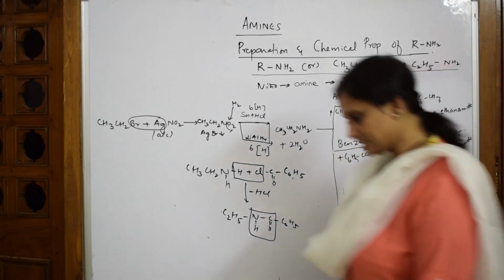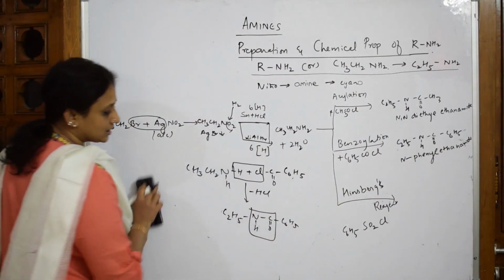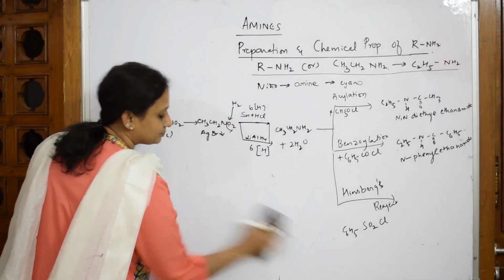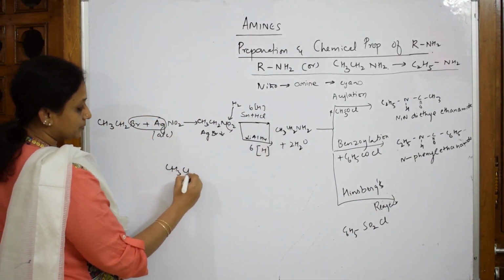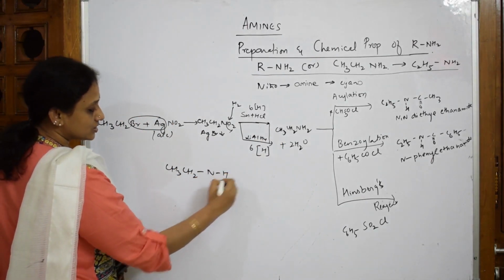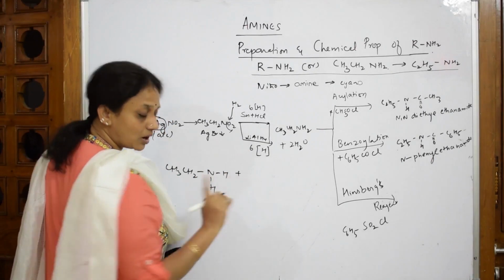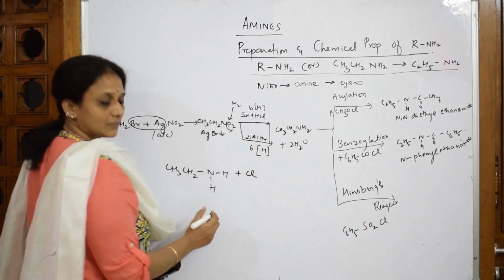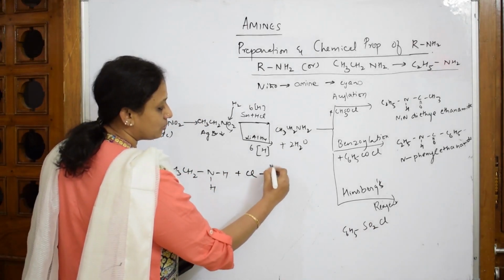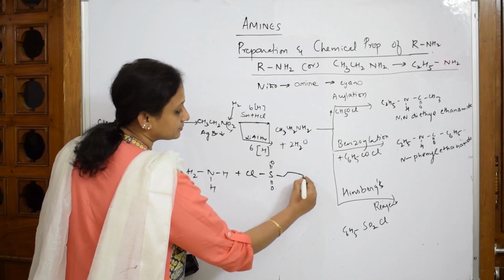Now let us write Hinsberg reagent. So in Hinsberg test, what should I take? I am going to pick up CH3CH2NH2. I mean, take this Hinsberg reagent. How are you taking? You're going to take chlorine on this side, S double bond O, and your benzene ring.